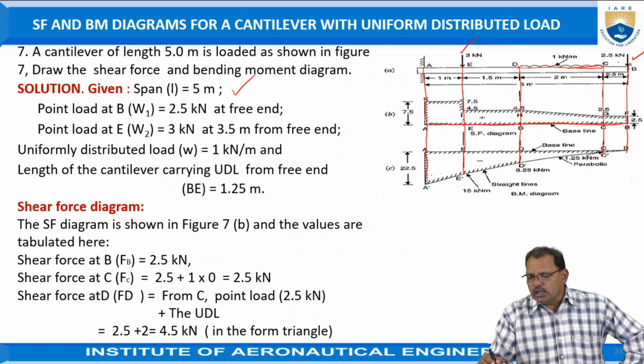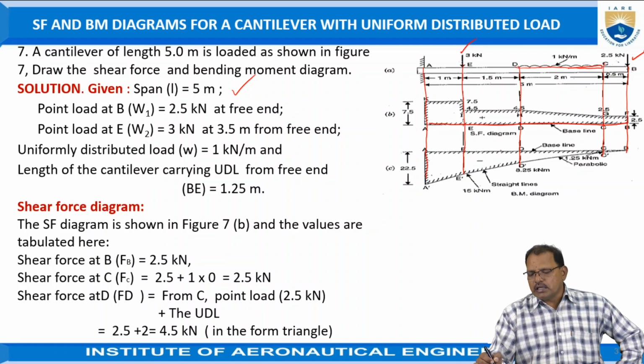Now the shear force at B is equal to the unbalanced vertical force, which is equal to 2.5 kilonewtons. Just represent as per the scales.